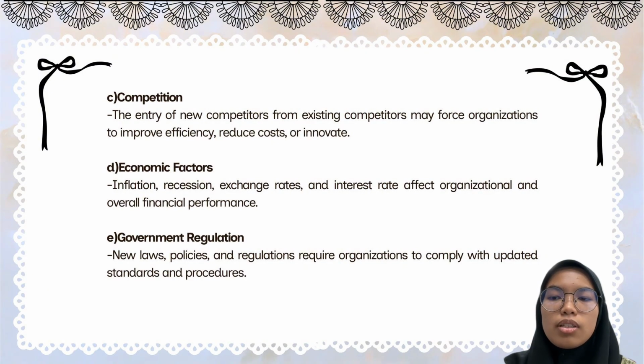Economic factor is inflation, recession, exchange rate, and interest rate that affect organizational and overall financial performance. And then the last one is government regulation. Government regulation is new laws, policies, and regulations that require organizations to comply with updated standards and procedures.